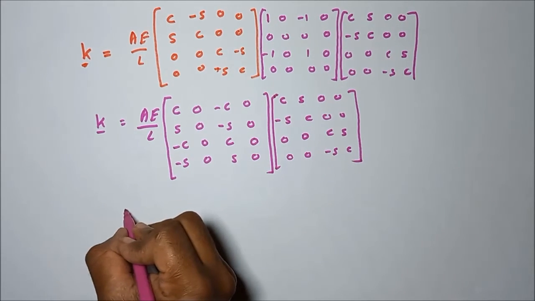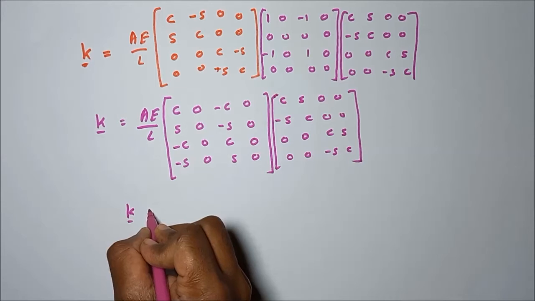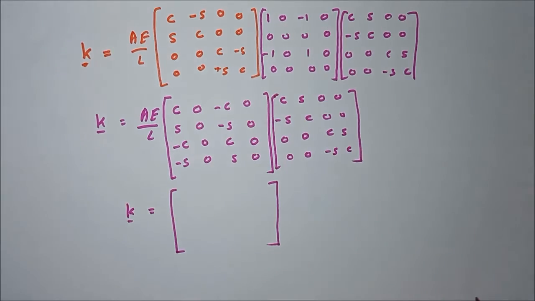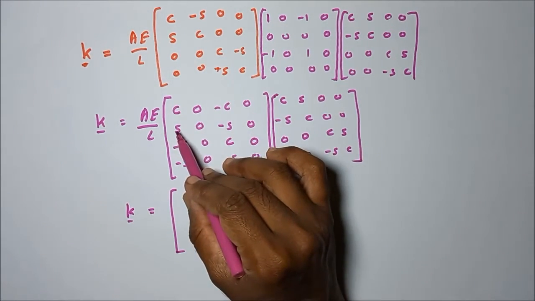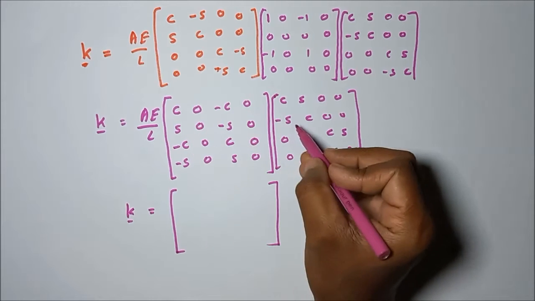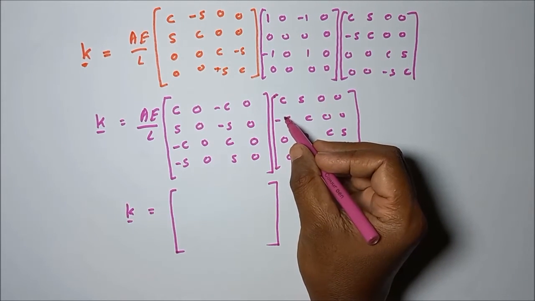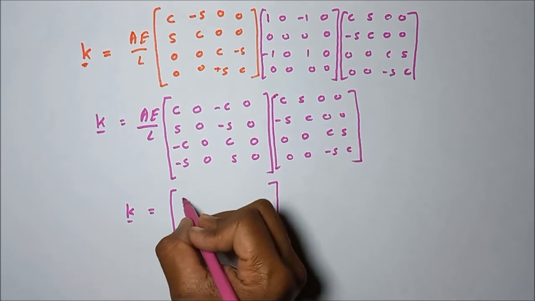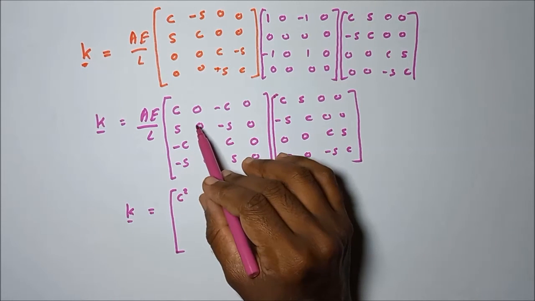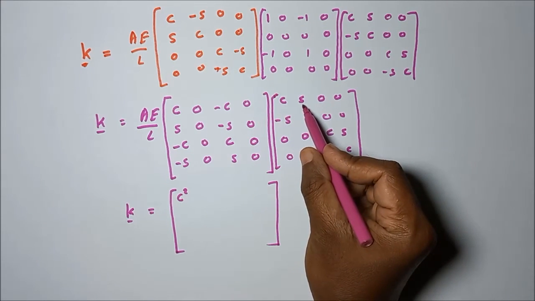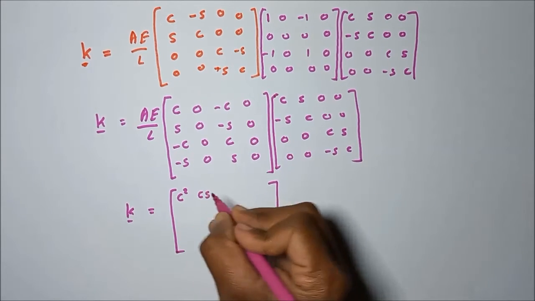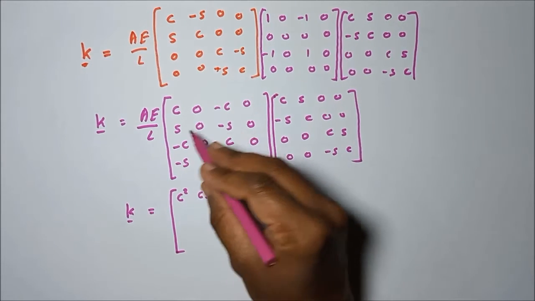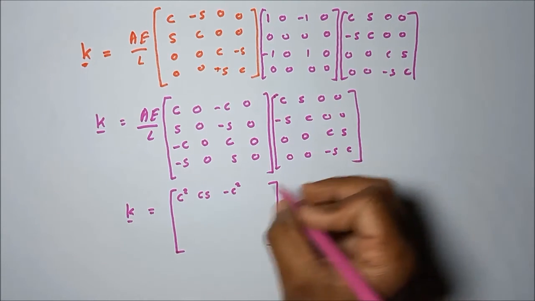So then the K matrix is equal to the multiplication of these two. Here, the multiplication gives C square, then here CS, here minus C square, then here minus CS.